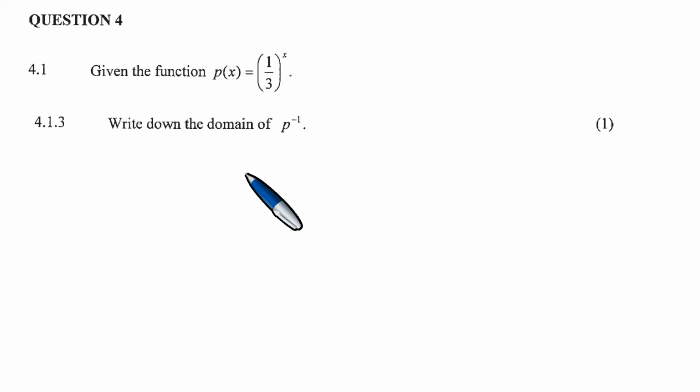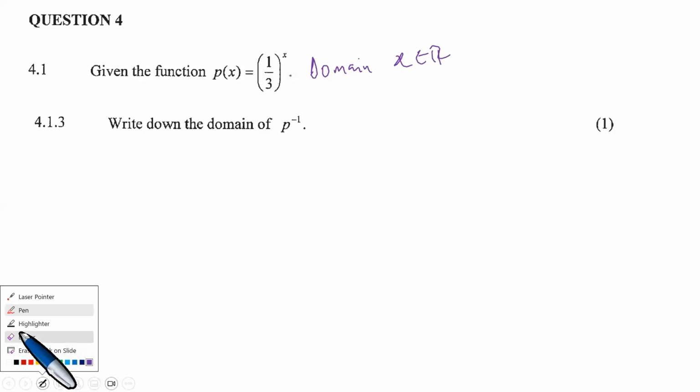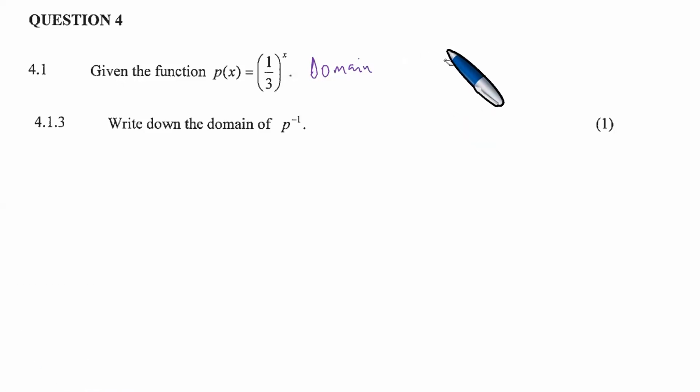So for what values of x is this function itself defined? Remember the inverse function. This is the P, but it has a domain. What is the domain of this function? The domain of this function is all the real numbers. So we know therefore that the domain of these is all real numbers.